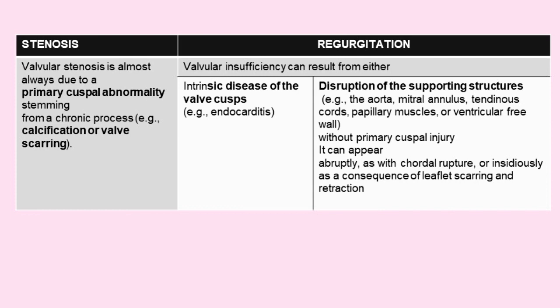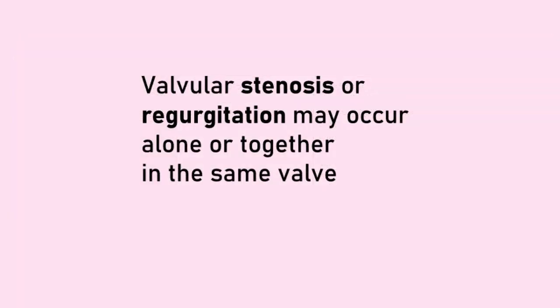Examples are the aorta, mitral annulus, tendinous cords, papillary muscles, or ventricular free wall, without primary cuspal injury. It can appear abruptly, as with chordal rupture, or insidiously, as a consequence of leaflet scarring and retraction. Valvular stenosis or regurgitation may occur alone or together in the same valve.